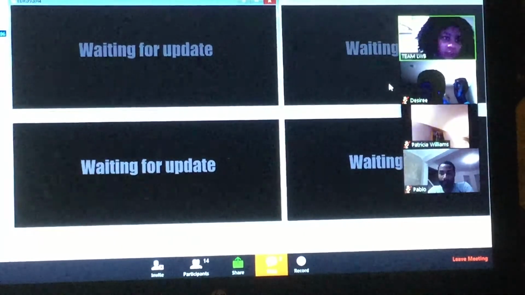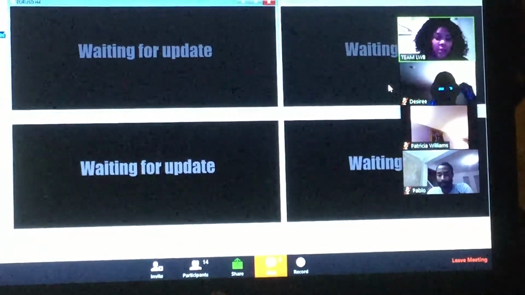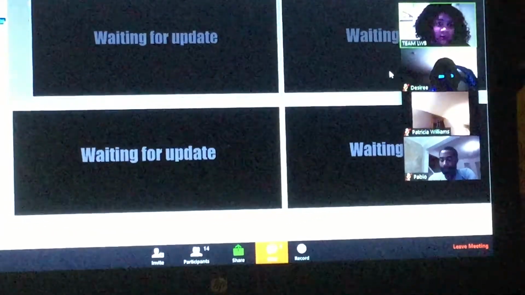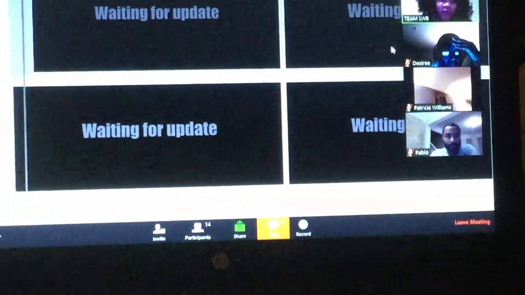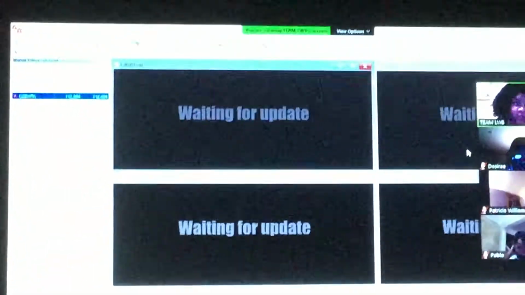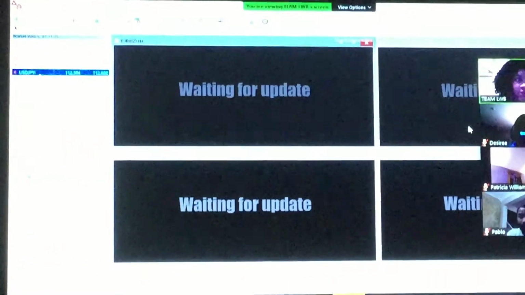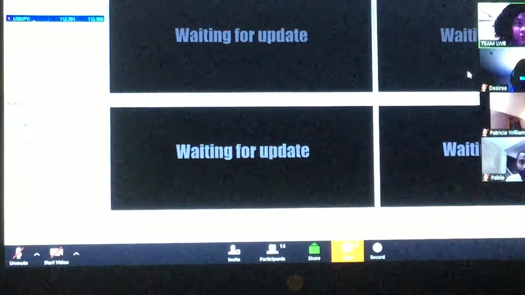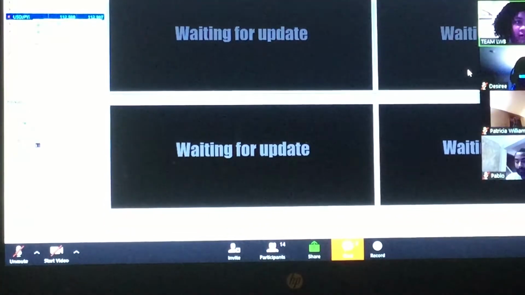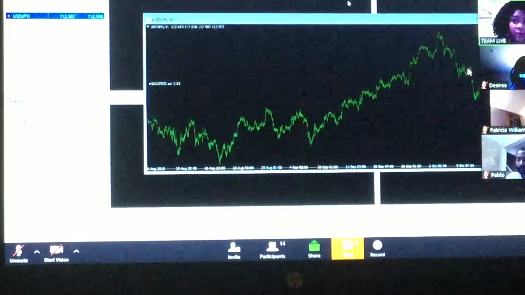Did you guys see how I slid it over so I can see the bid and the ask price, and I can see my symbols? So I'm going to go to the USDJPY, and I'm going to right click on it and go to the chart window.